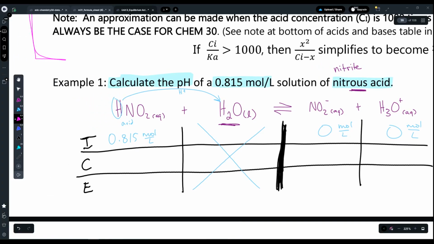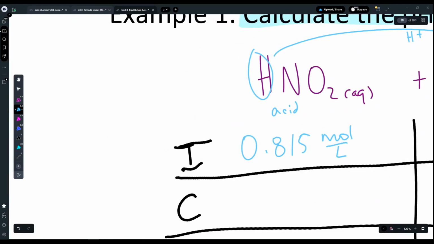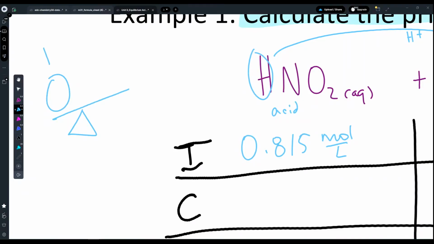Okay, so looking at the initial row here, if you wanted to visualize how the system is going to shift, we only have reactants, so this big object is just representing this concentration of nitrous acid, and we have no products. In order to get this seesaw to be quote-unquote balanced, but again, remember, the word equilibrium doesn't necessarily mean that you have an equal amount of reactants and products, right?